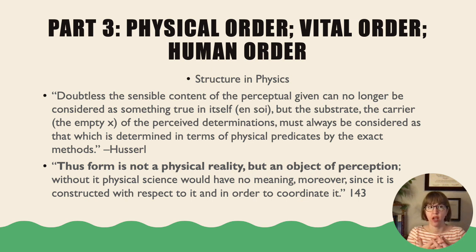So he, I think, would agree with the Gestaltists that there is immanent structure in the world. There are immanent properties that are not completely imposed by the mind. So it's not 100% mind and it's not 100% nature.